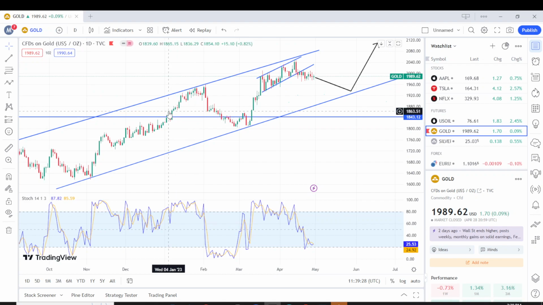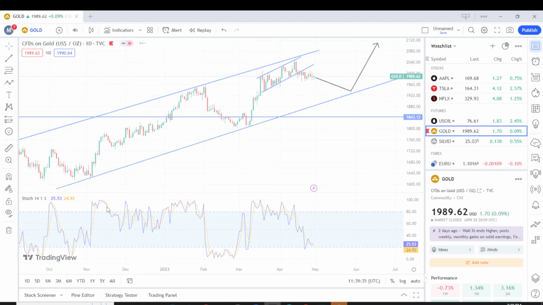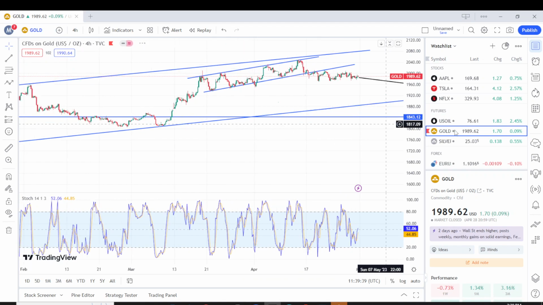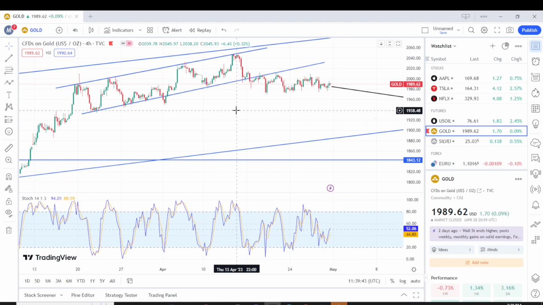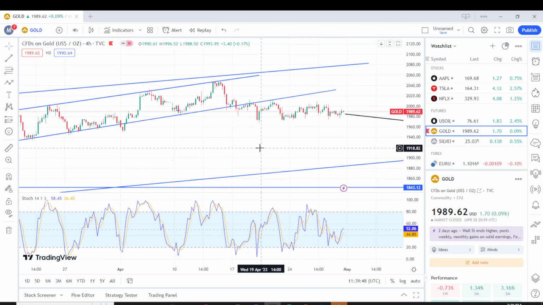When I move to the lower chart time frame, that is the 4-hour chart, this is how the gold chart looks.